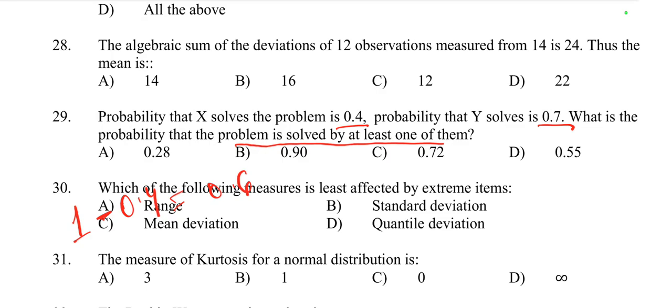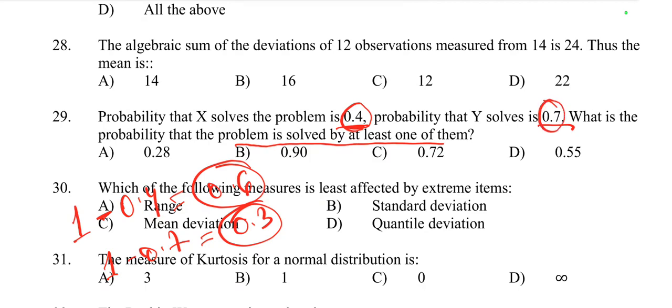The probability that x solves the problem is 0.4, so the rest, 0.6, is that x doesn't solve it. The probability that y doesn't solve the problem is 1 minus 0.7, which is 0.3.